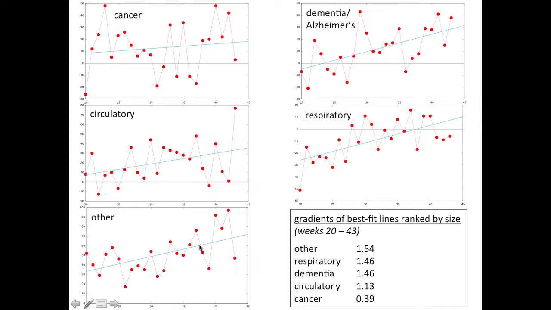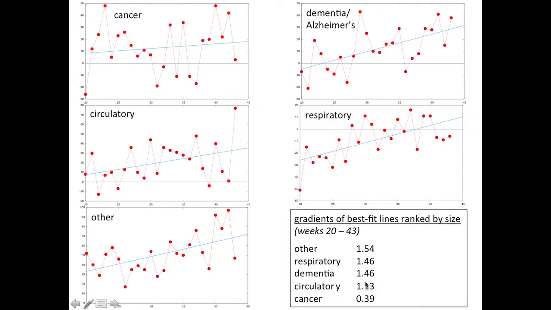It's not even close to zero. So there are significant numbers of excess deaths in the other category, and they are increasing faster than any other cause of death, according to this straight line fit. And then the other three are, I would say, relatively similar. You can see here from the slopes.